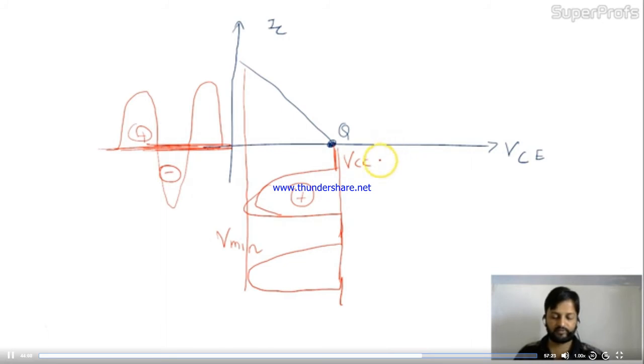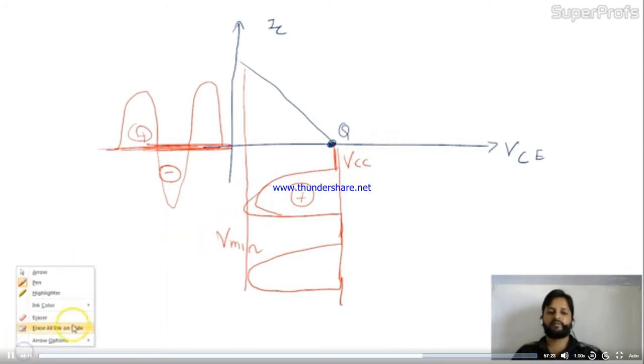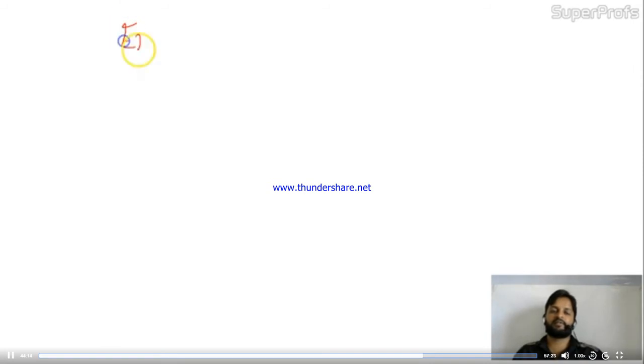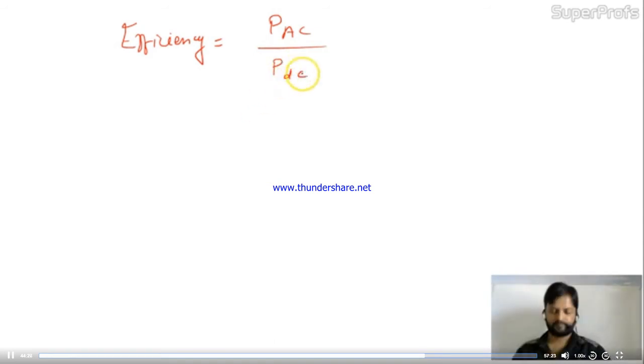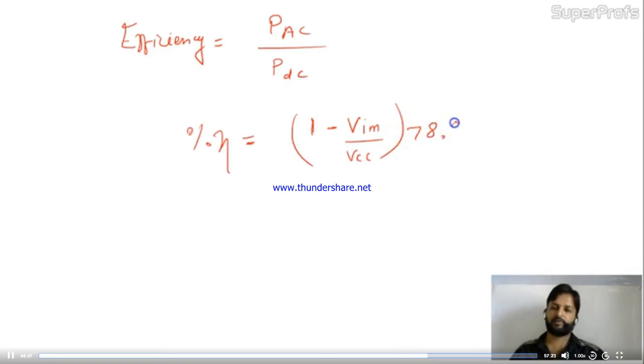Okay friends. So if I talk about the conversion efficiency, the formula is again the AC power delivered over the DC power supplied. If we solve these two things, what we get is that the percentage of eta is nothing but 1 minus V minimum divided by VCC, into 78.5%.